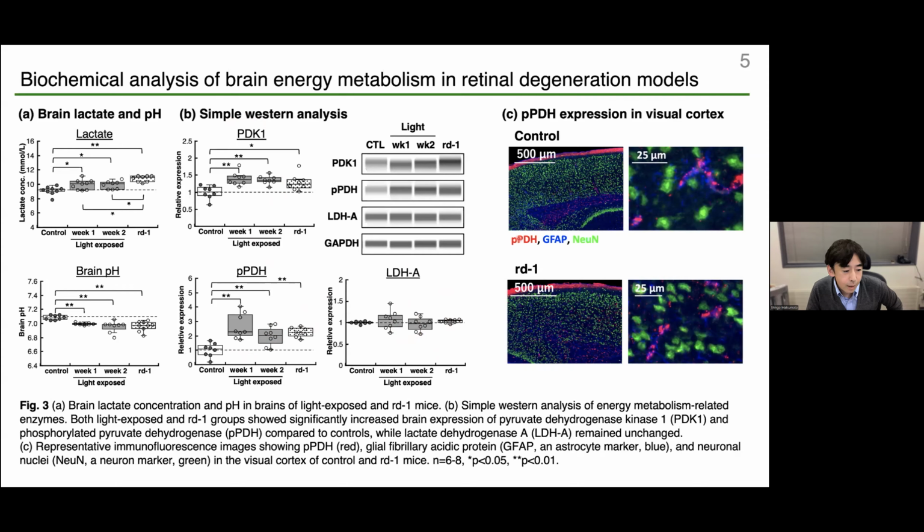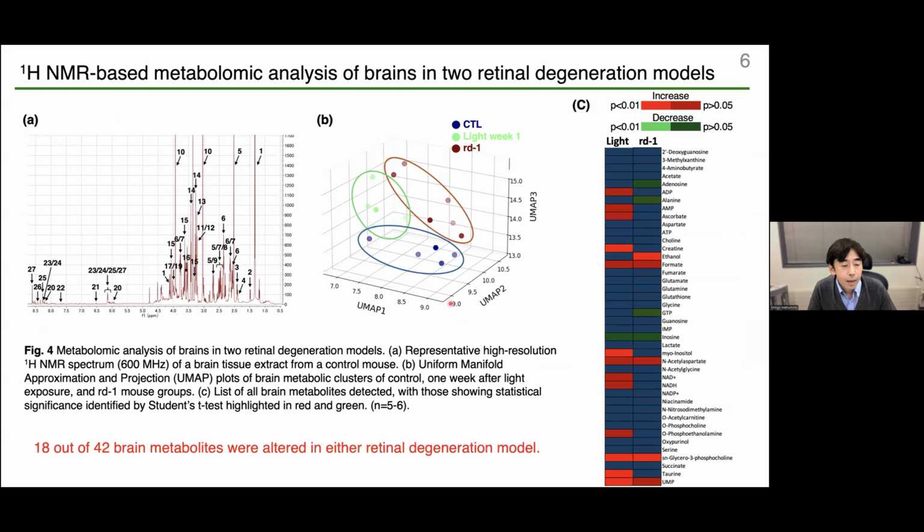The representative immunofluorescence image showed that phosphorylated PDH was present also in neurons, but predominantly in astrocytes. So the metabolic change may be mainly dominated by astrocytes in this study. Brain metabolic alteration was further confirmed using proton NMR-based metabolic analysis.